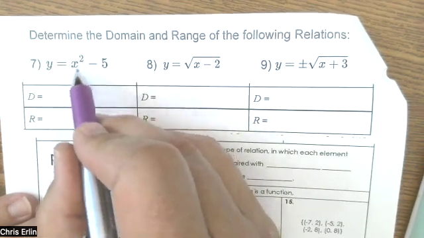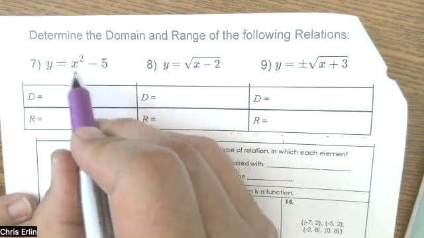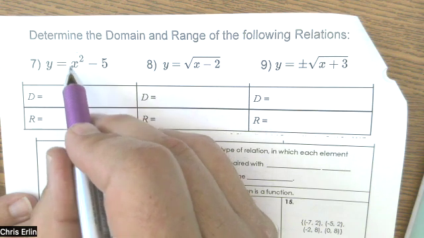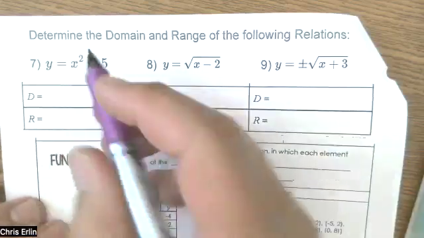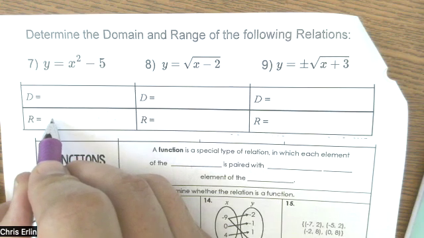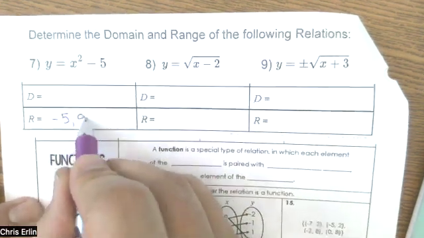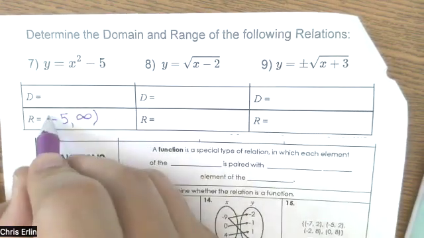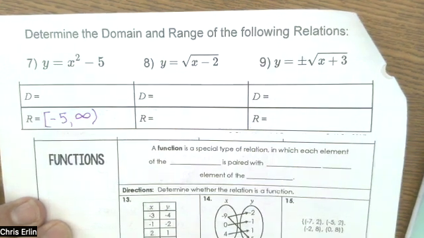What's the smallest this could be? Do you agree it cannot be a negative number? What's the largest it could be? Positive infinity. So overall, this function can go from a value of -5 up to infinity, right? That's what the range of this function could be.